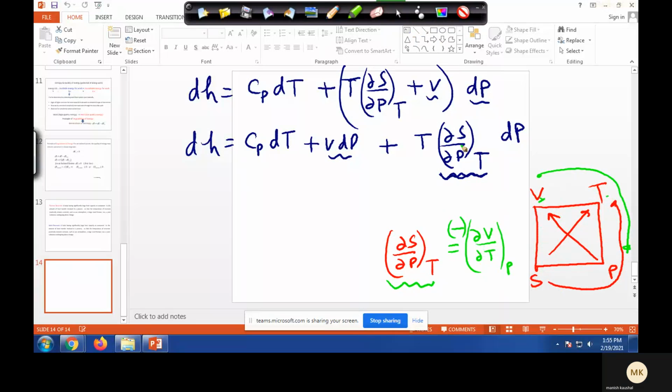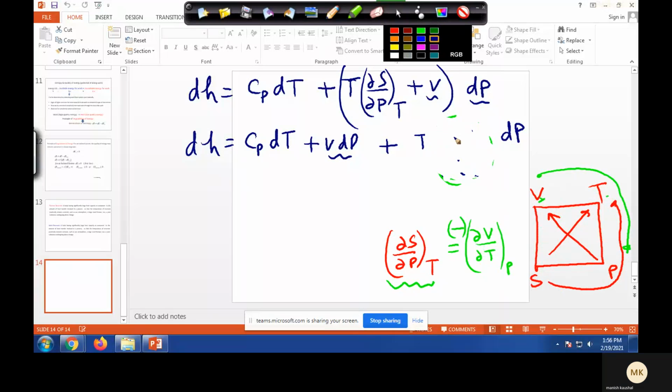So we are replacing this, using the Maxwell relation, with minus ∂V/∂T at constant P.